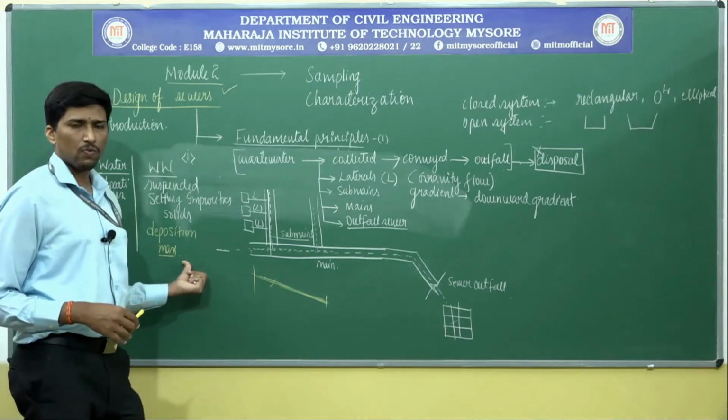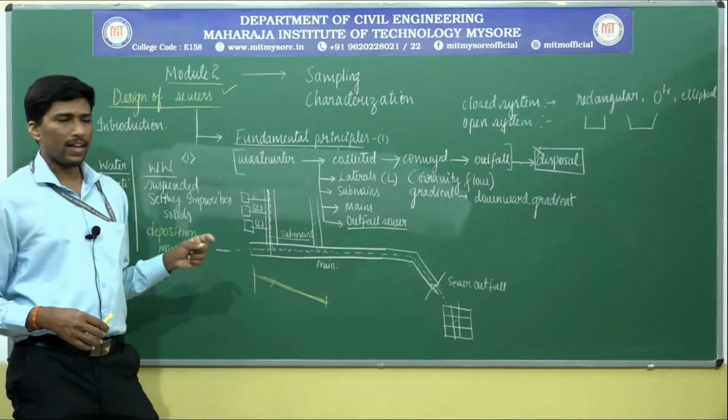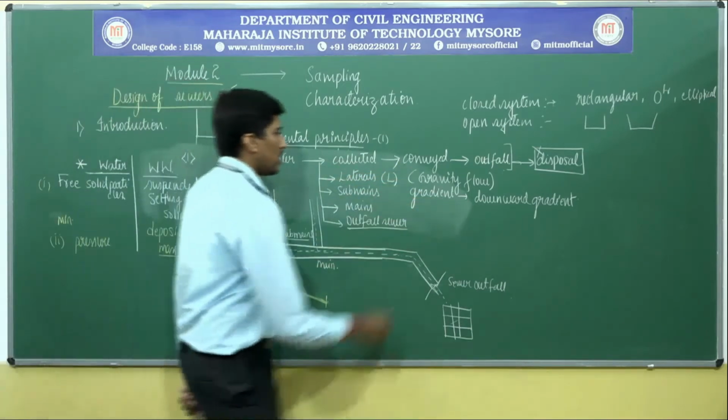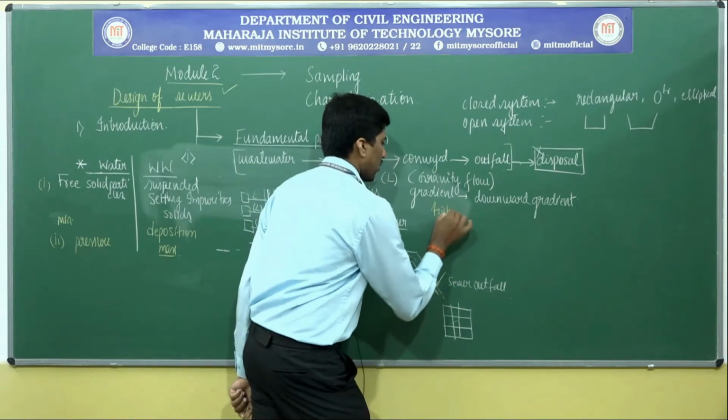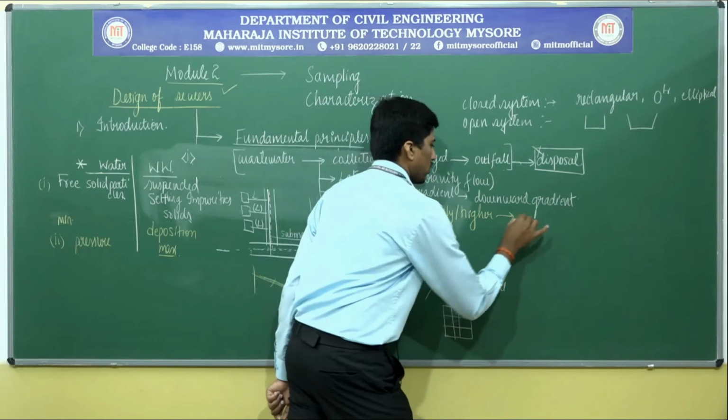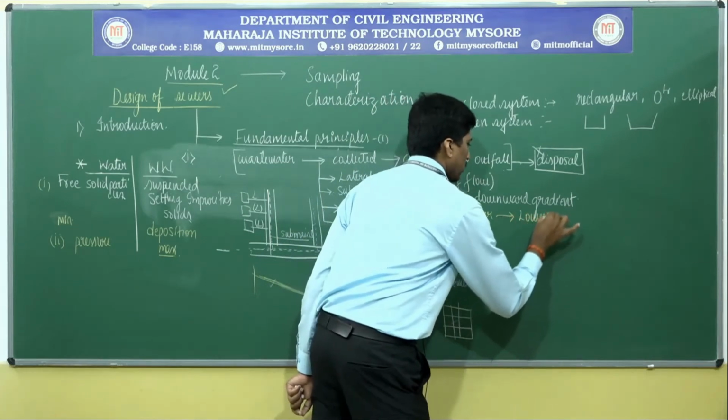Whereas in the case of wastewater, conveyance has to be done in the downward gradient. That means from a hilly area or higher elevation towards the lower elevation.